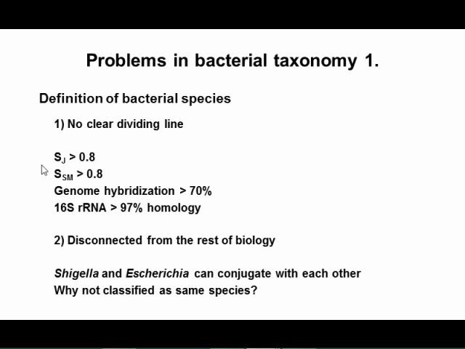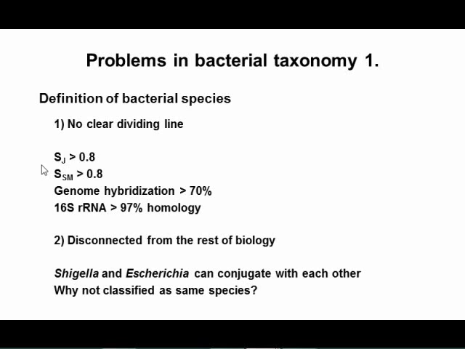So you have some kind of strange things like Shigella and Escherichia. If we go by the classification, these are supposed to be two different genera, but in terms of molecular phylogeny, they're very close, and they can exchange DNA with each other.